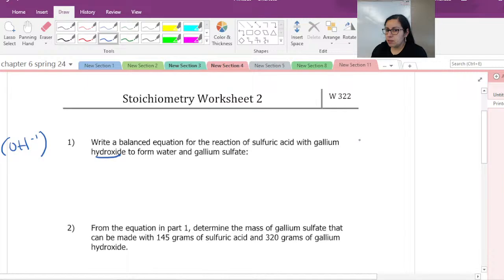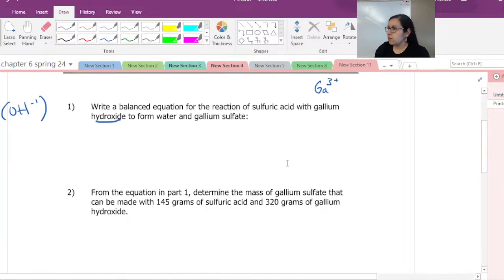And gallium's a little funny. What's gallium's oxidation state? Yeah, 3+, so I'll give people another minute to balance and write their equation.